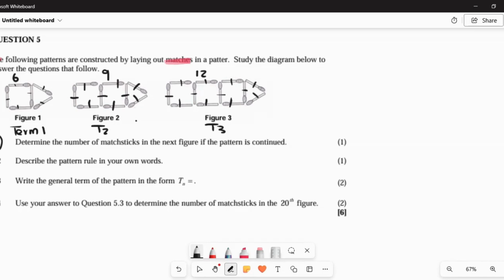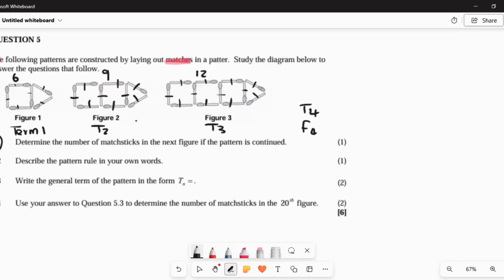Okay, so now they're saying determine the next, meaning they want us to find term 4 or T4 or figure 4. From here, we can clearly see that the difference between T2 and T3 is 3 match sticks.